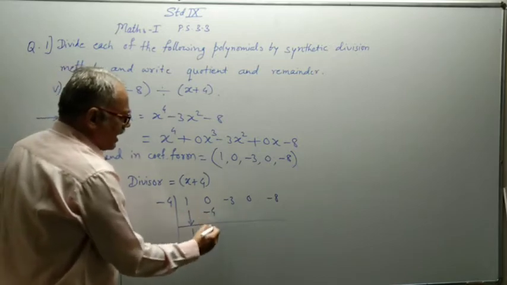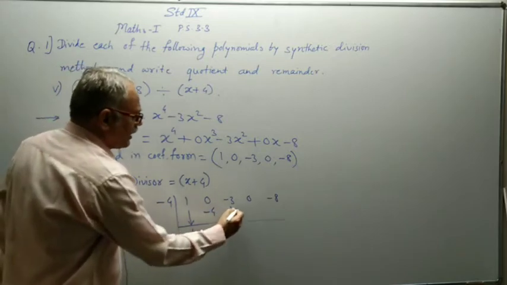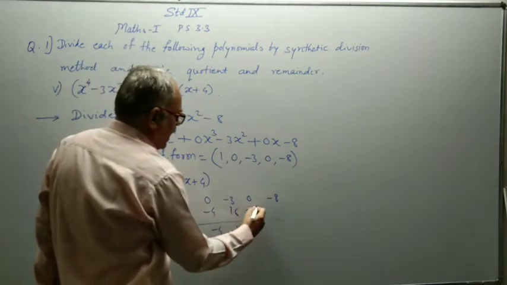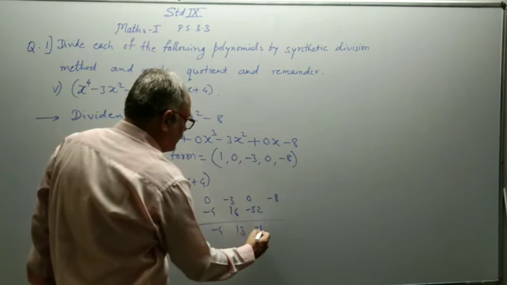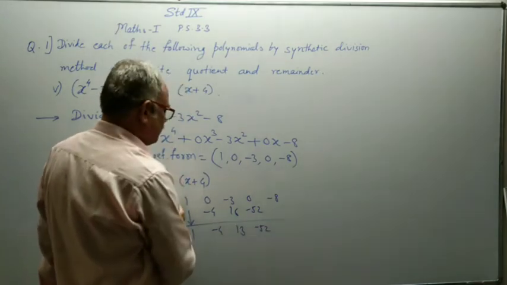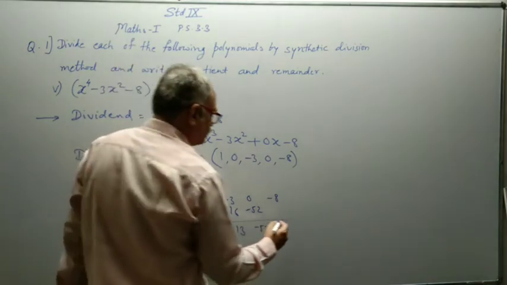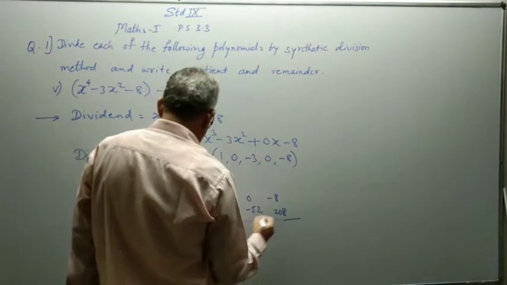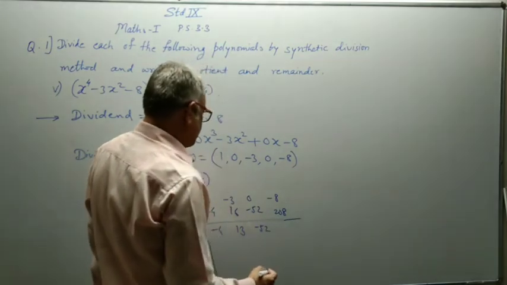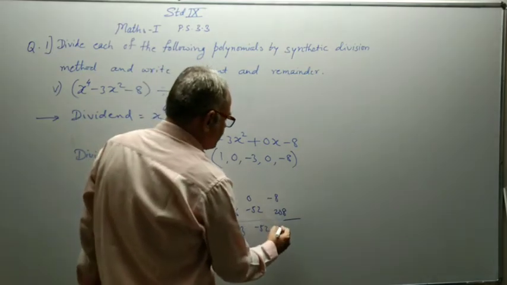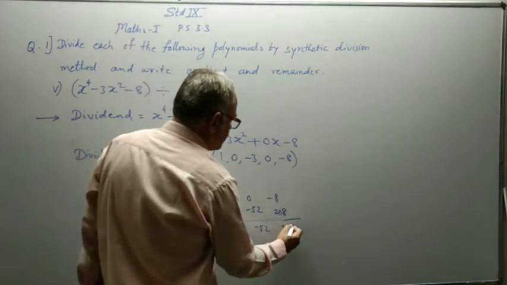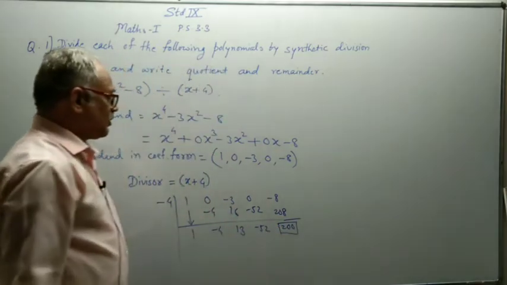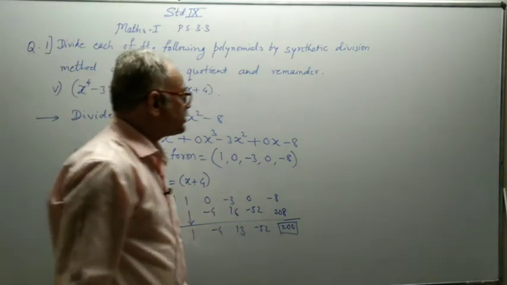Multiply, add, multiply, add, multiply, add, multiply: minus 52 and minus 4, both minus, will become plus 208. Plus 208 minus 8 addition gives positive 200. This is the remainder, and the rest is the coefficient form of the quotient.